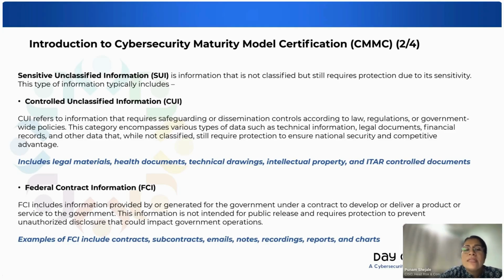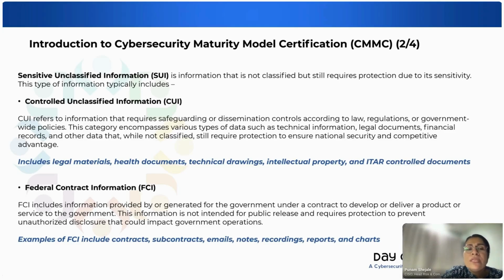Federal contract information is any information which gets generated if you are working on any government contract to deliver a product or service, which may not be intended for public release, and which requires to be protected, not as top secret information, but with some adequate level of protection so that it does not impact government operations. This includes contracts, emails, notes, recordings, reports, charts, etc.